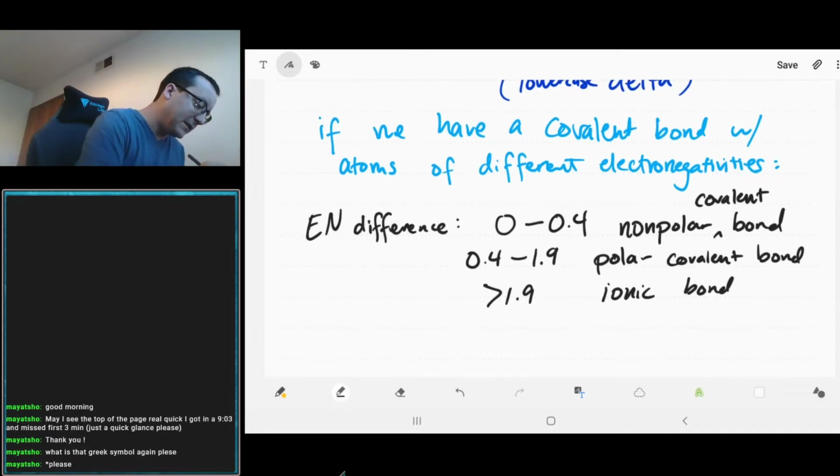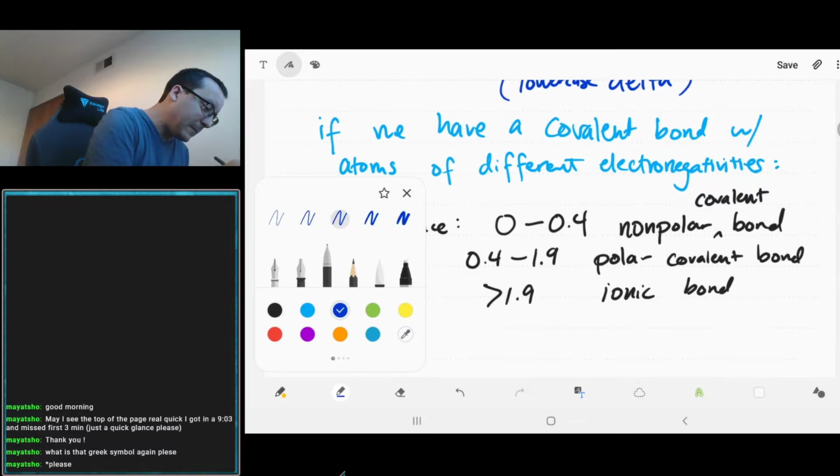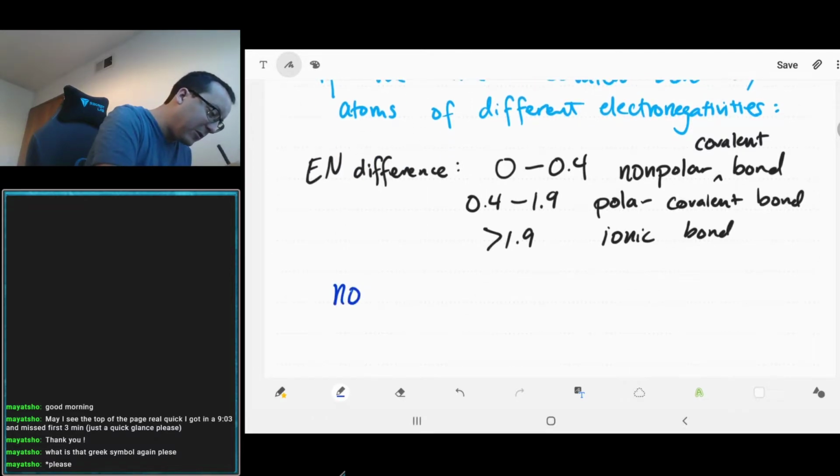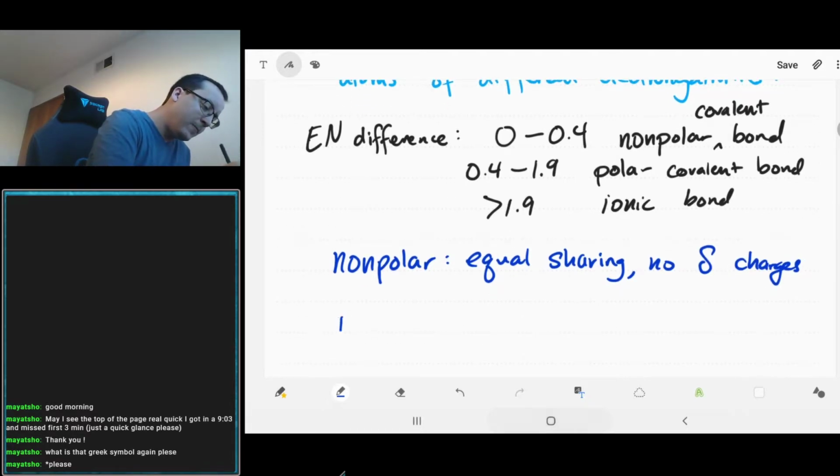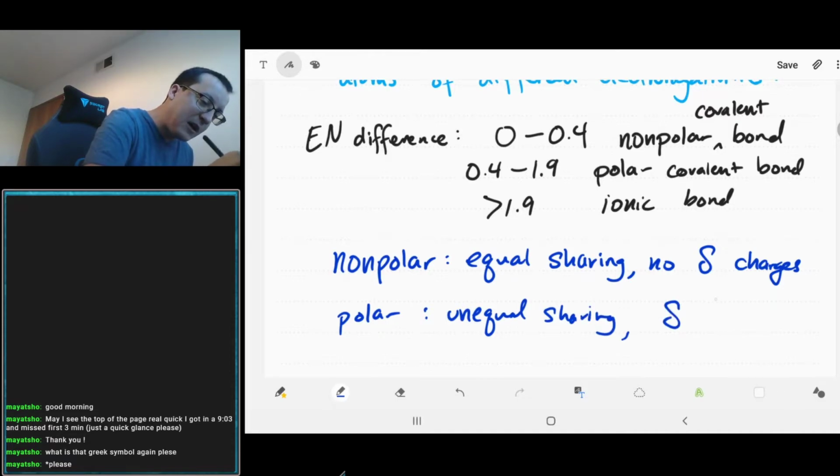So what this means is nonpolar means equal sharing, and we have no partial charges. A polar bond means unequal sharing, and therefore we will have partial charges.